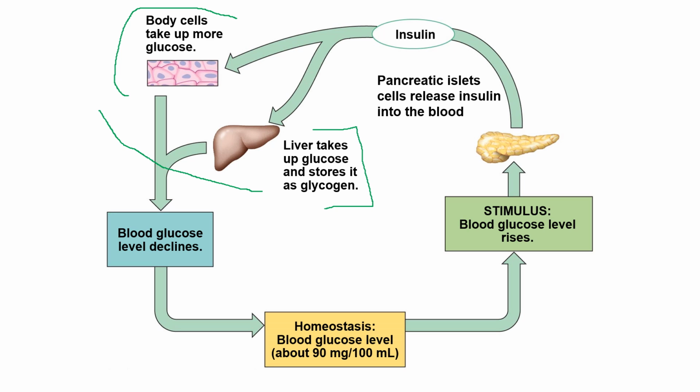In response to insulin, muscle cells, other body cells, and liver cells take up glucose out of the blood, and that causes blood glucose levels to decline, and that gets detected by the beta cells in the pancreas. The receptors are in the beta cells. The beta cells detect, oh, okay, blood glucose is back down to normal. We can stop secreting insulin now. So it's a negative feedback system.